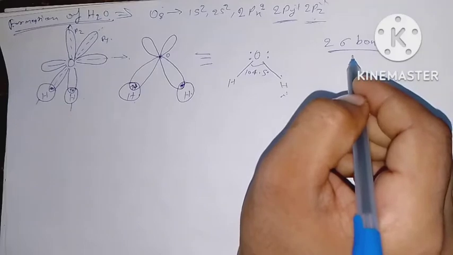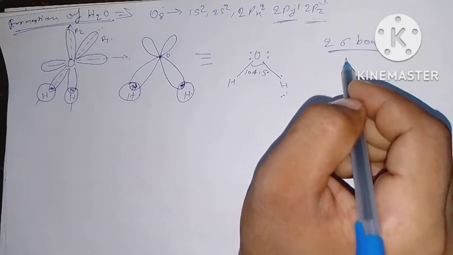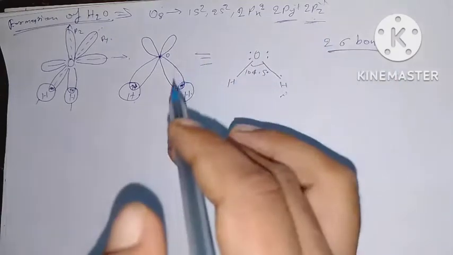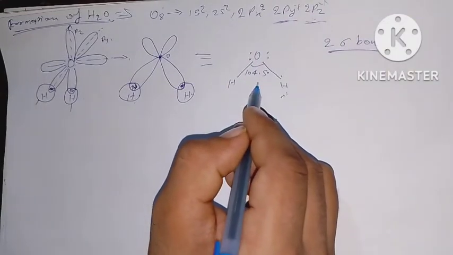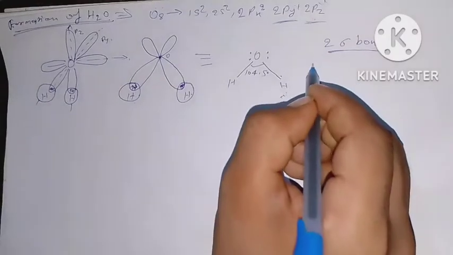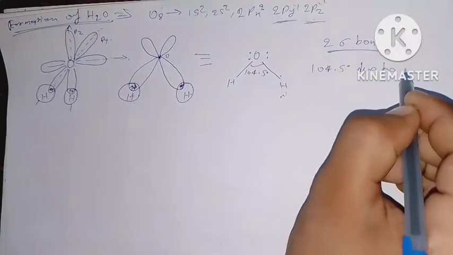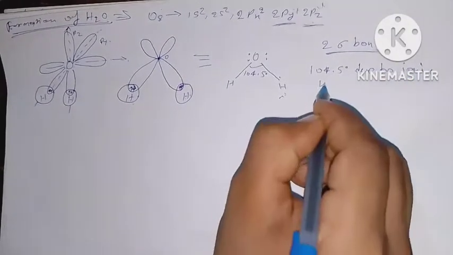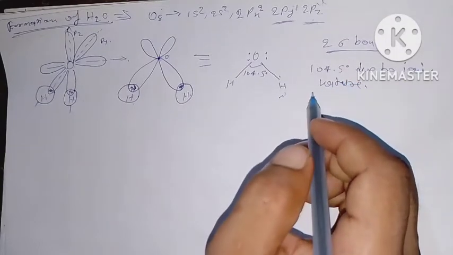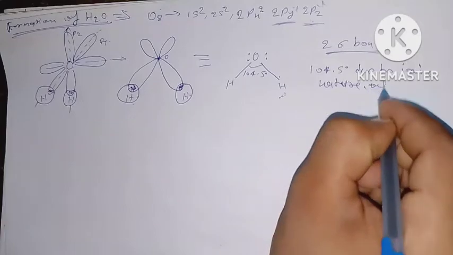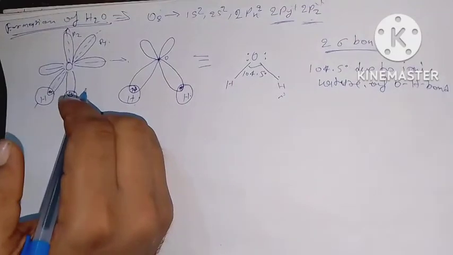The angle in the H2O molecule should be 90 degrees, but the actual bond angle is 104.5 degrees due to the ionic nature of the oxygen-hydrogen bond.